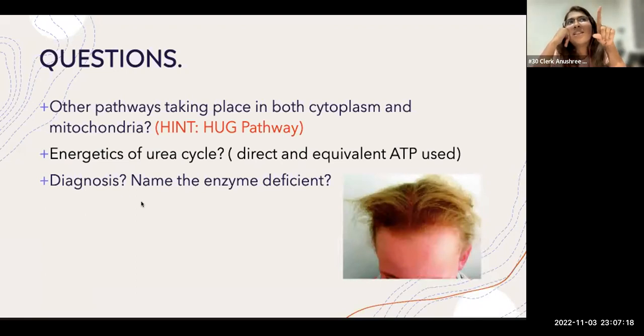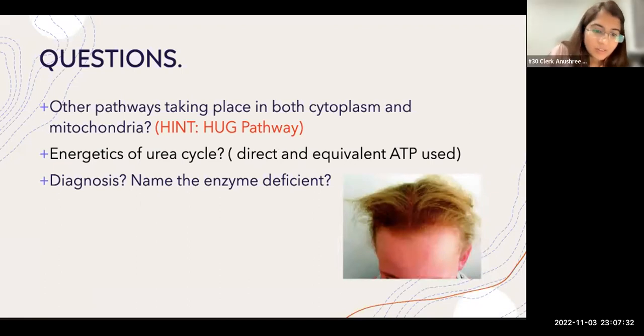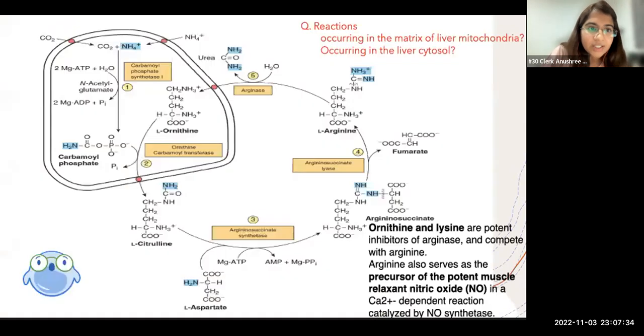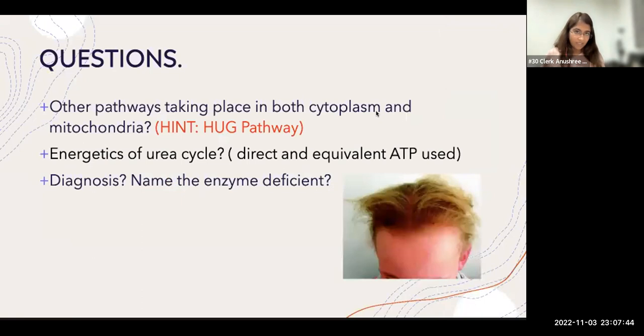Option 1 is 1, option 2 is 2, option 3 is 3, and option 4 is 4. Tell me for direct first. 3. Okay, 3. So we saw over here 2 ATPs, 1 ATP. So direct ATPs used are 3.